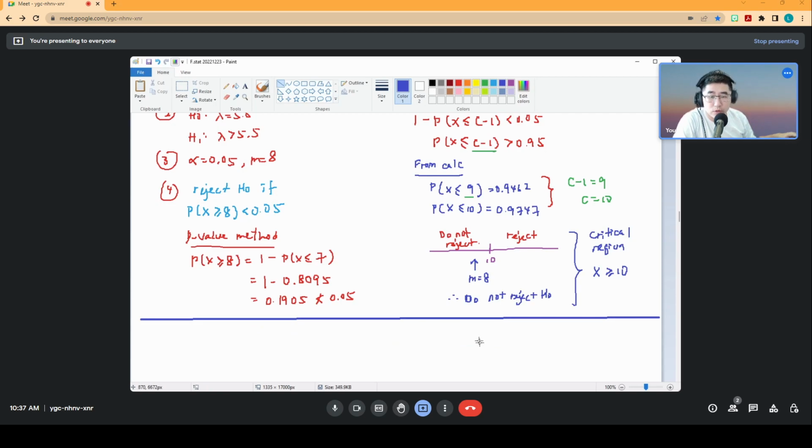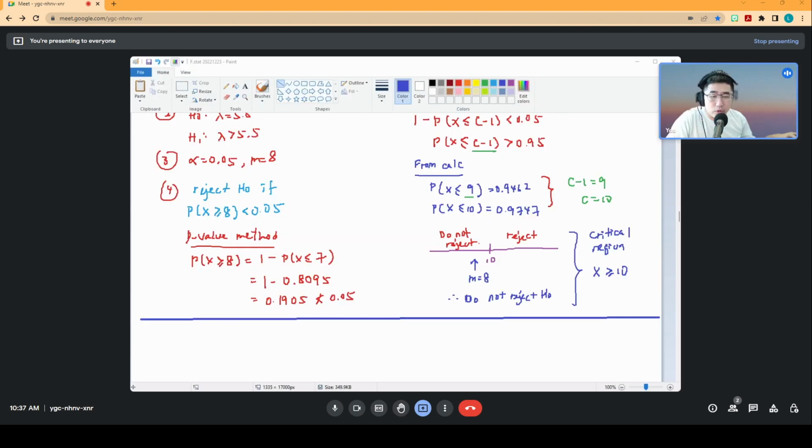Then next, let's see what else do you need to know. Okay, before we continue with the normal distribution, we need to look at the type 1 and type 2 error first.